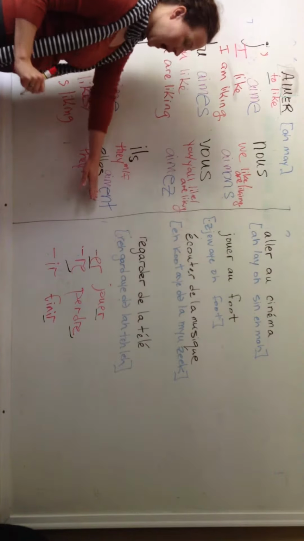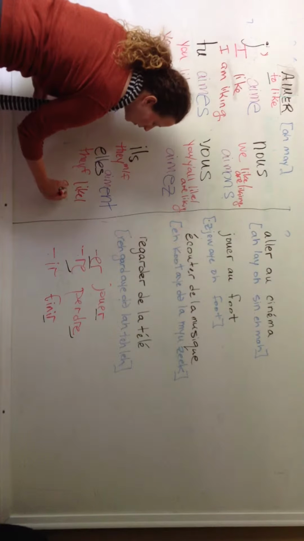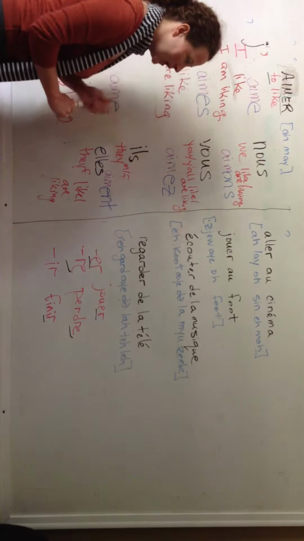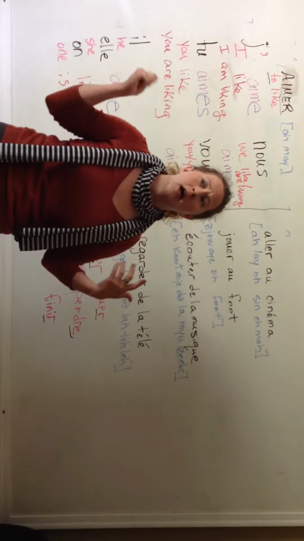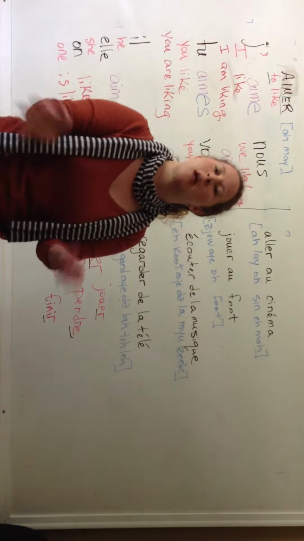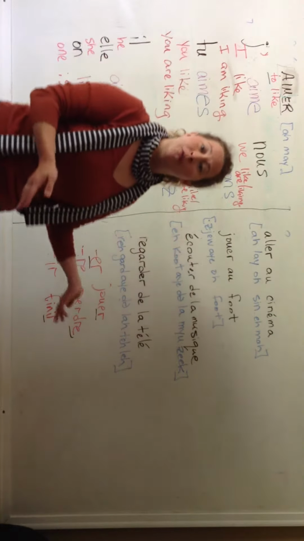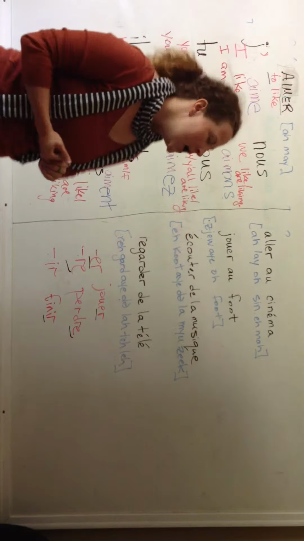Ils, elles, they like or are liking. So, if I said tu aimes regarder la télé, you like to watch television. Il aime jouer au foot, he likes to play soccer, right?